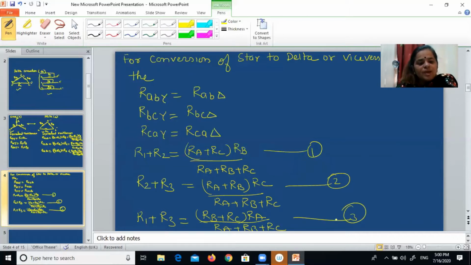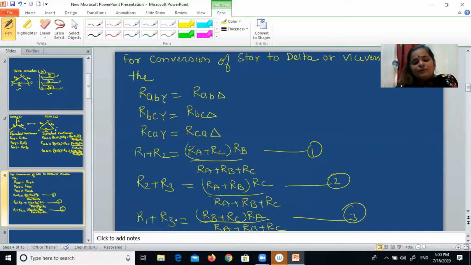Now, if I want to calculate R1 in terms of RA, RB, RC with the help of these equations, if I calculate R1, R2, R3 as a function of RA, RB, RC, it means RA, RB, RC are the independent variables and R1, R2, R3 are the dependent variables.